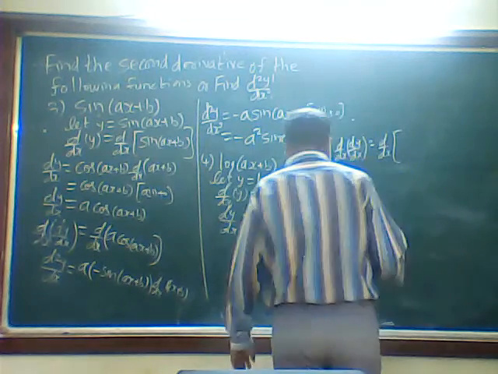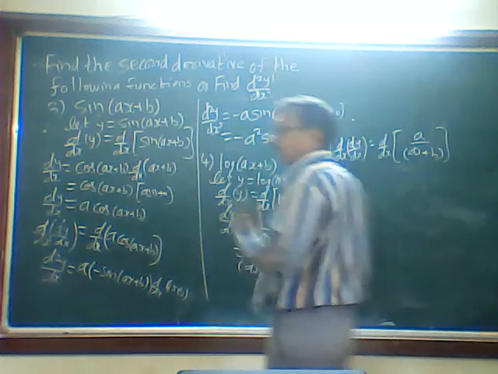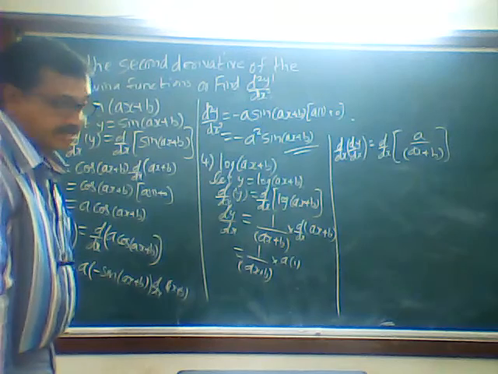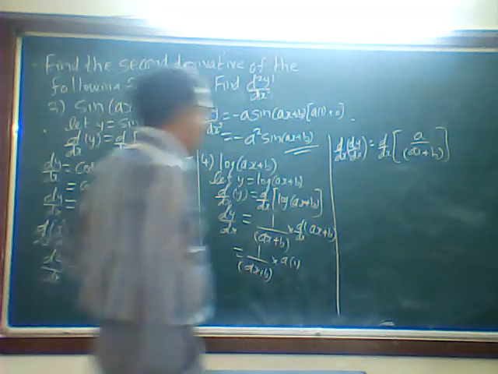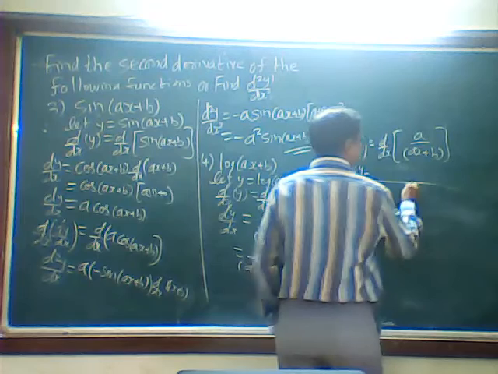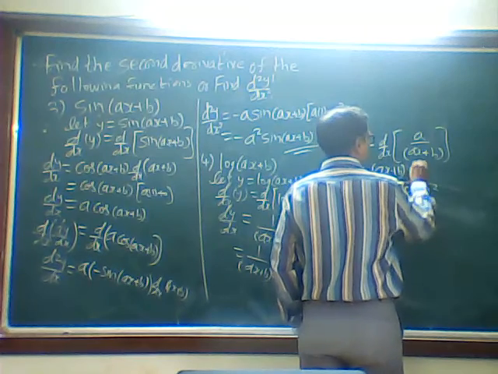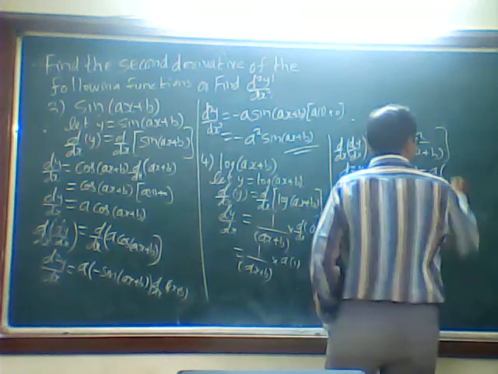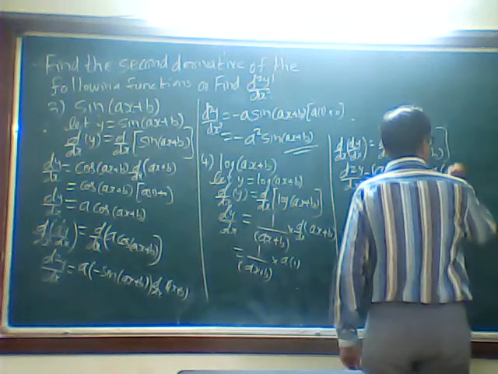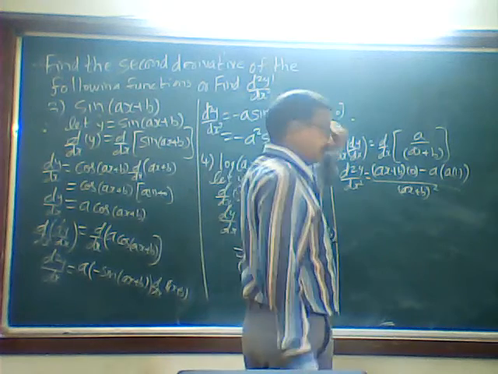So a upon ax plus b; you have to use the u by v method. d square y by dx square: denominator square, denominator as it is, numerator derivative of a constant is 0, minus a as it is, and the denominator ax plus b derivative is only a into 1, plus b is a constant, so 0.